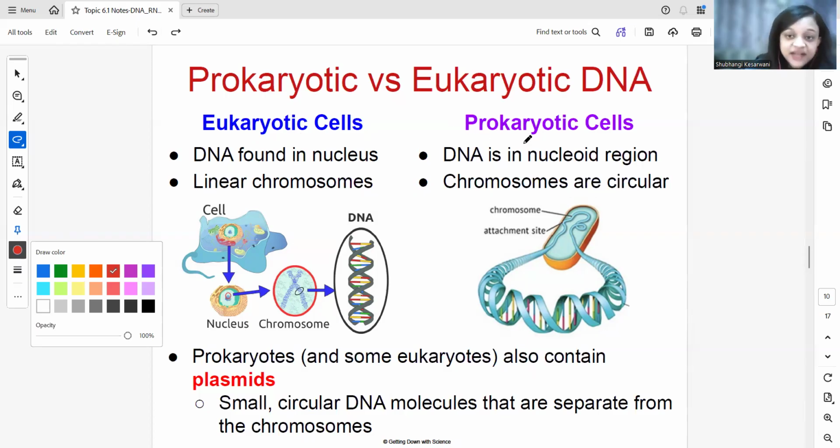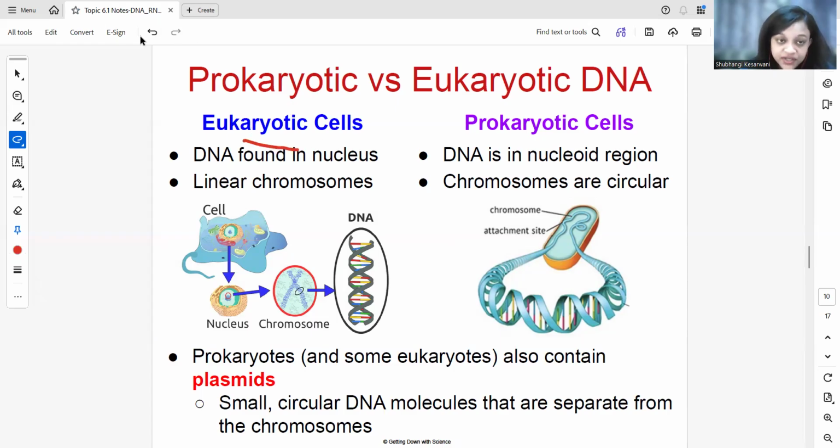Bacteria are considered prokaryotic. So they have no nucleus. DNA just floats in the cell. So which one sounds more organized, eukaryotic or prokaryotic? Tell me. Eukaryotic is much more organized because the DNA is found in the nucleus. This is the basic thing.